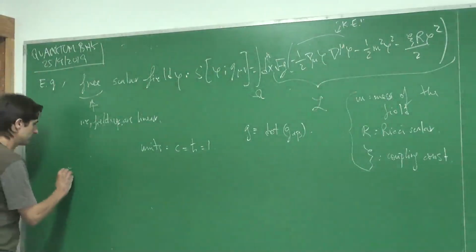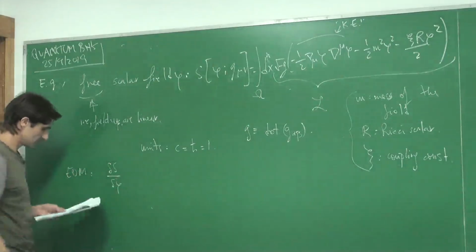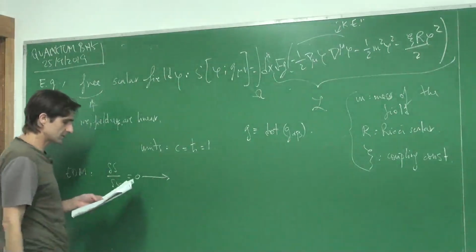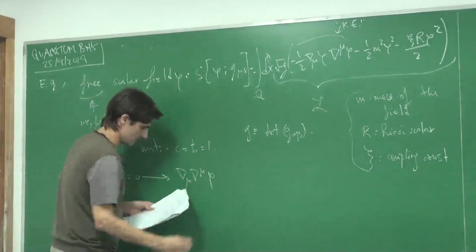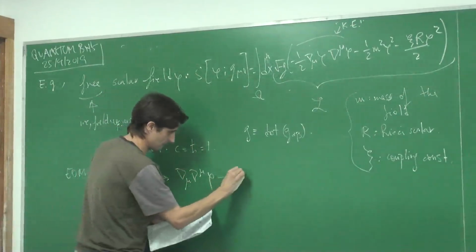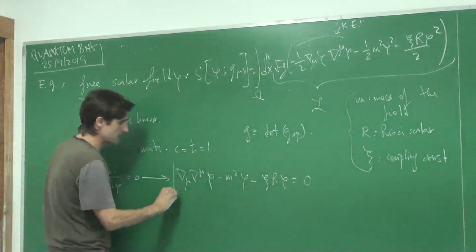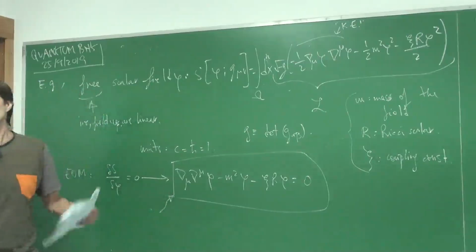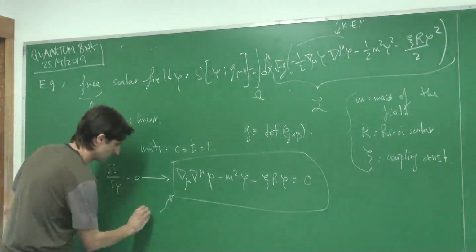So now you can derive the equation of motion for the field. You can calculate this, and that gives you the so-called Klein-Gordon equation, or if you wish, the curved space-time version of the Klein-Gordon equation.